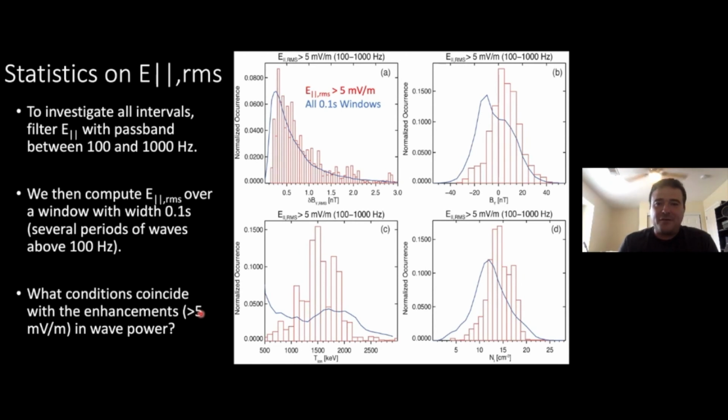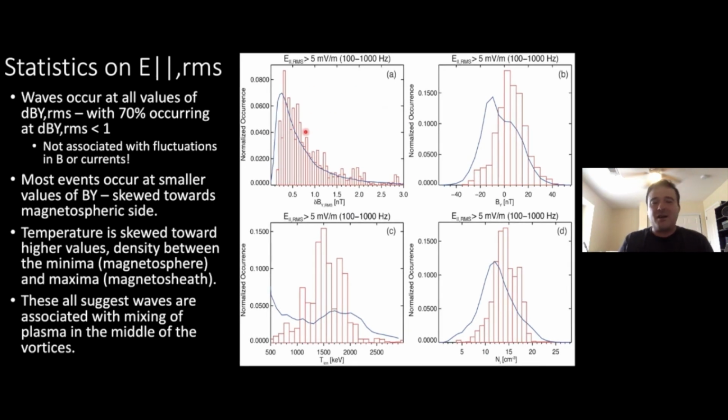So we have several histograms. I didn't label them, but essentially the histograms are those windows where we have enhancements in the RMS power, and the blue is just every window in the interval. So that's sort of our background, what we observe. So let's talk about what we're seeing.